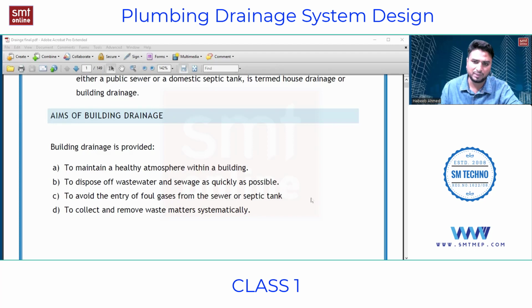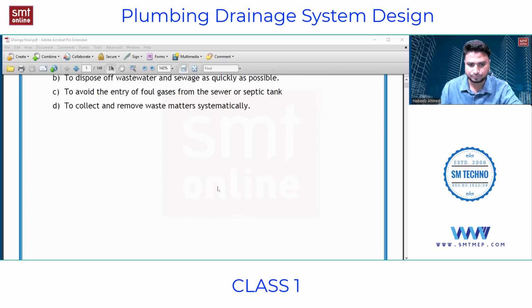There might be repelling of gases from a sewer or septic tank, and we will not allow that. Another aim is to collect and remove the waste matter in a systematic manner. These are the main aims of building drainage.